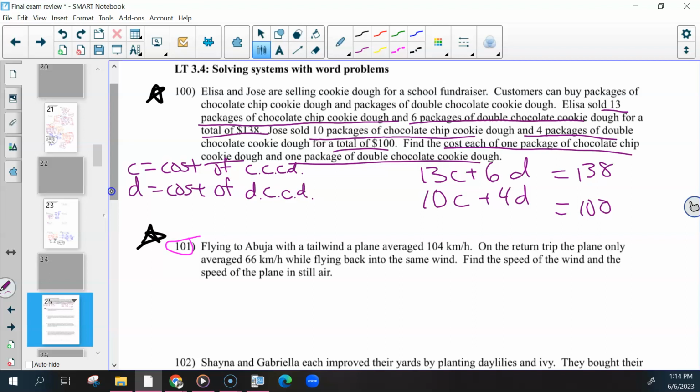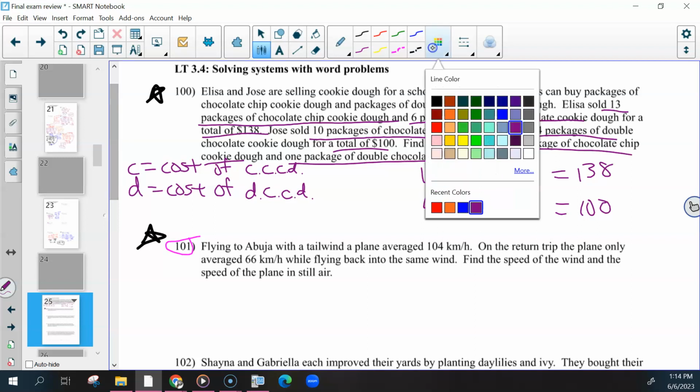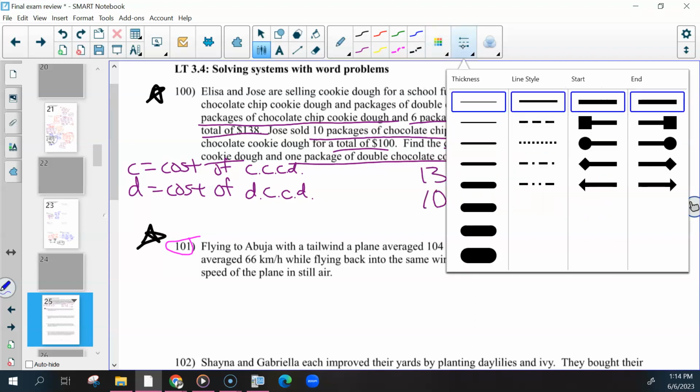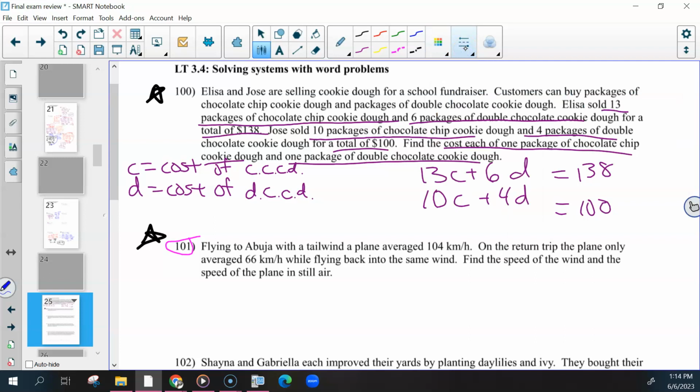Then you have choices of how you want to solve, by graphing, by substitution, by elimination. Some problems work better than others with certain types. This would be a good elimination problem because you could easily change this to be the same. So I know these both go into 12, so I could multiply the first one by 2 and the second one by 3.